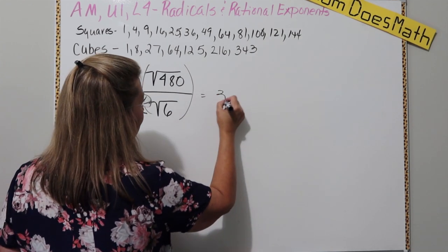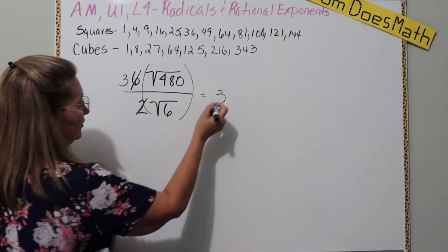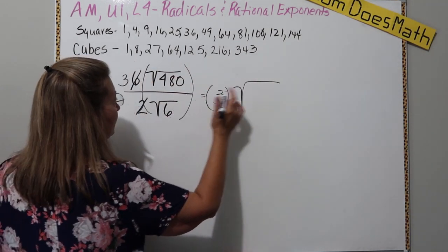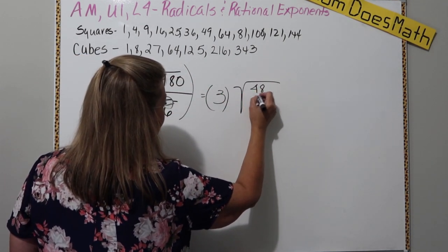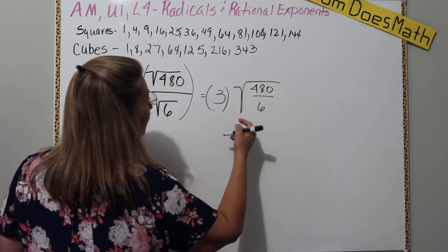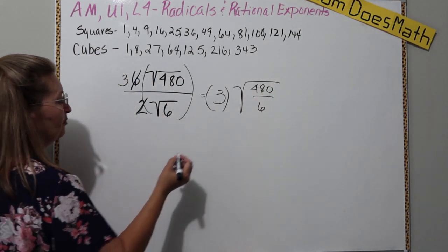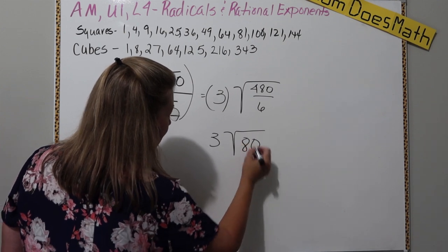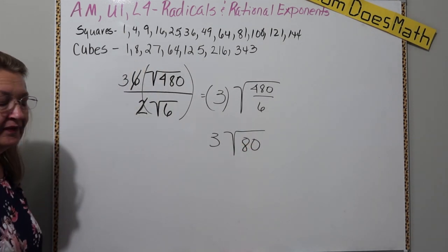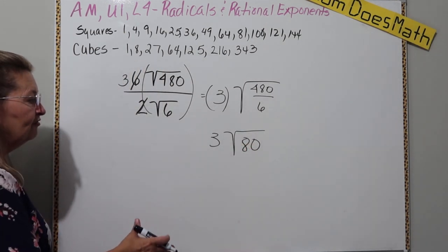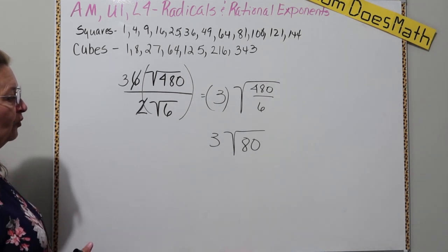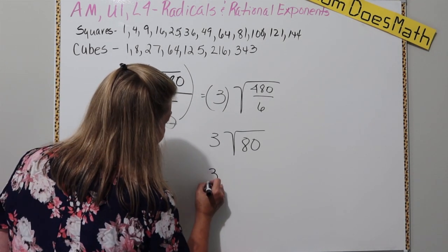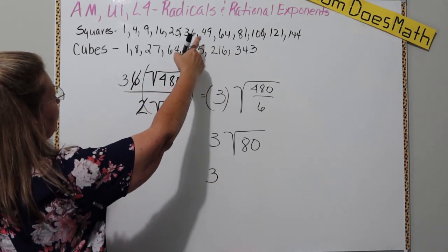Because what I'm doing now is I'm saying, all right, this is 3. I got my 3 here. Times, and I'm going to put both of these under the same radical now. What is 480 divided by 6? Just 80, okay? Now you have to simplify. Is there a perfect square that will go into 80? And I'm thinking, let me go through my numbers here.